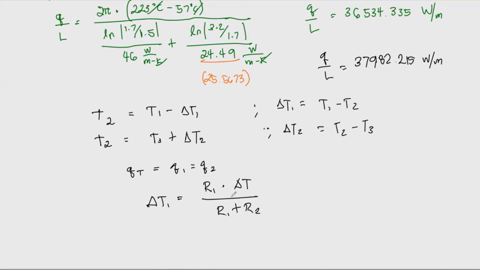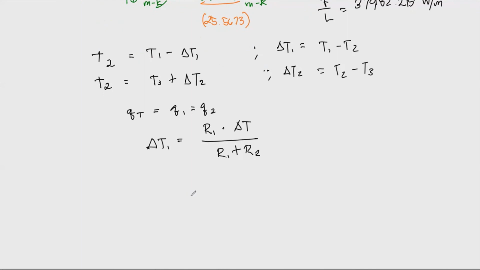So this is what we call the best assumption that we could give for the change in temperature, simply because the ratio of R1 to the whole resistance, if you multiply this by the total change in temperature, is particularly the ratio and proportion which we will use in Qt is equal to Q1.